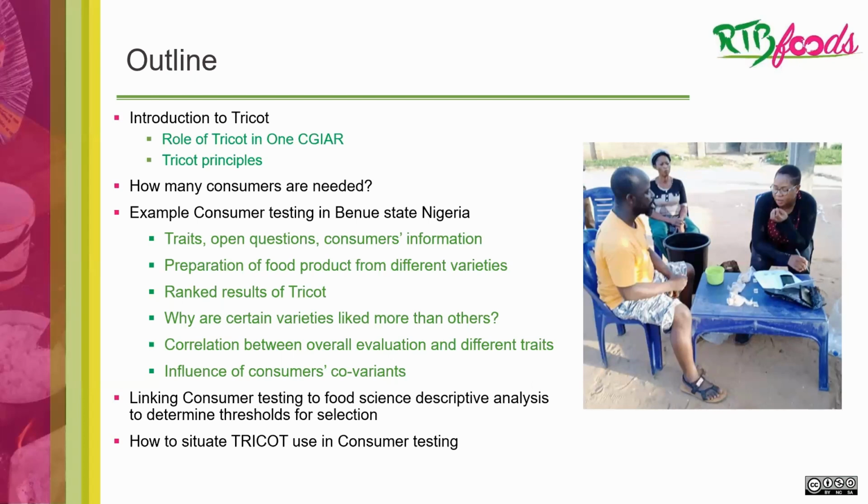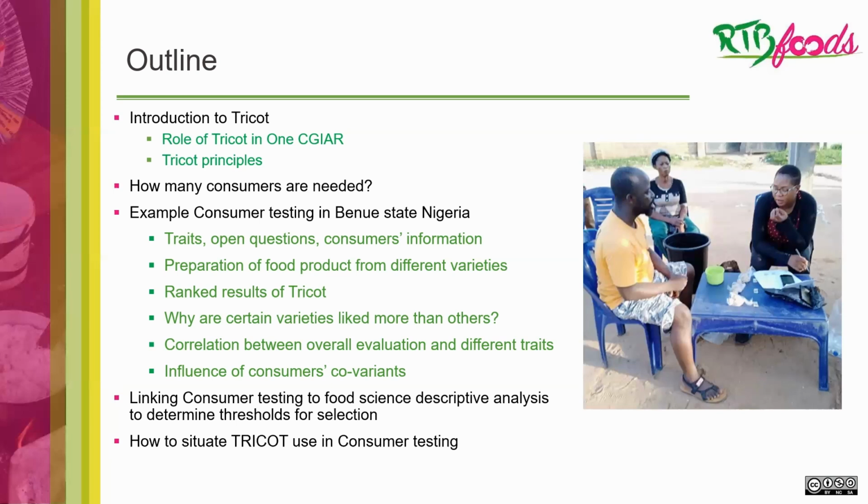This is the outline of my introductory presentation. Introduction to TRICOT, what is the role of TRICOT in One CGIAR and the TRICOT principles. Then I'll go specifically into a question that has created a lot of debate between social and food scientists about how many consumers are needed to get robust data. Then we are going into an example of consumer testing in Benue State in Nigeria.